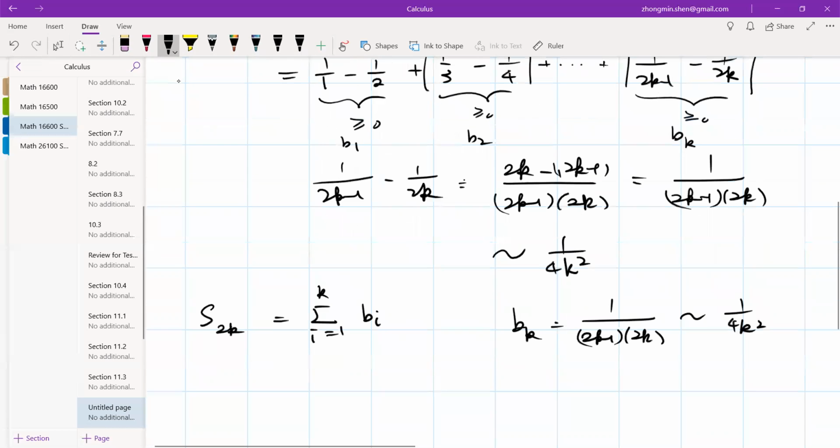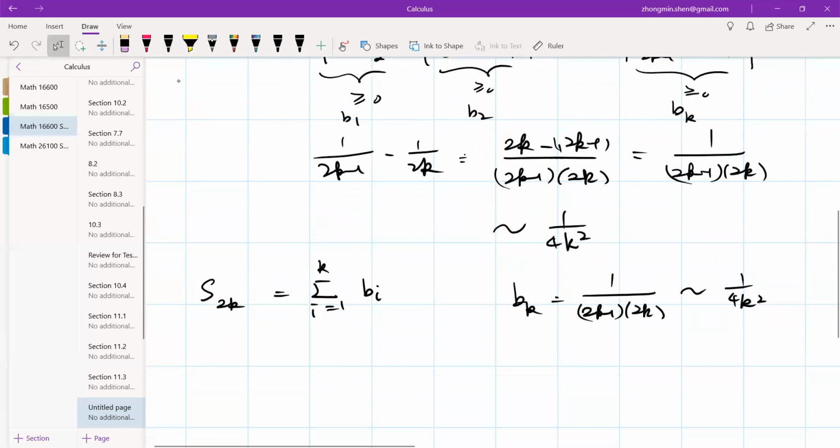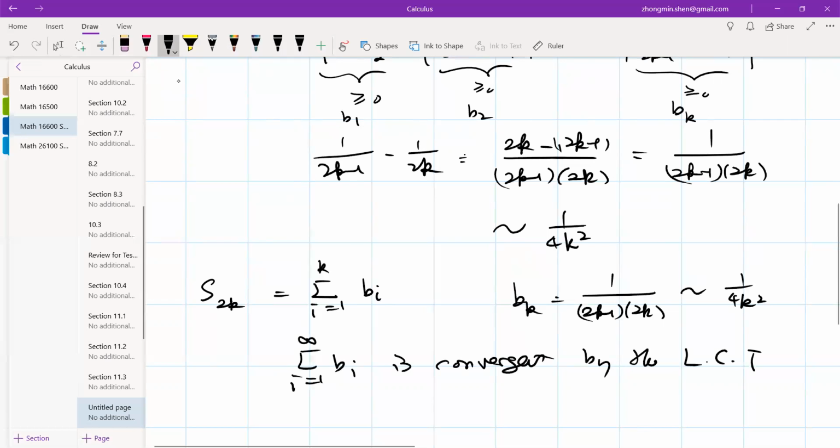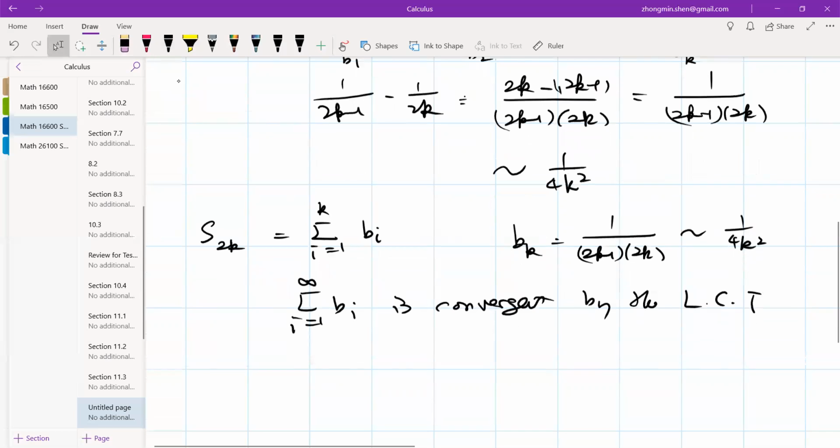So clearly, this is convergent. Why? By the limit comparison test, because you can compare with that one. In other words, when k approaches infinity, this is going to be finite.